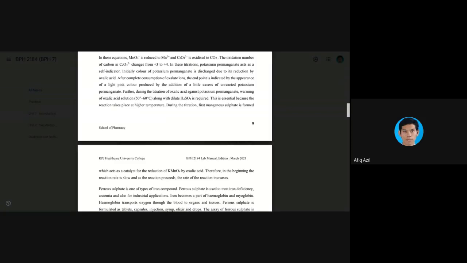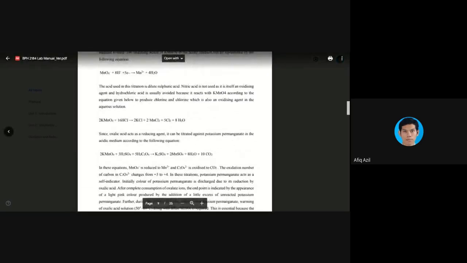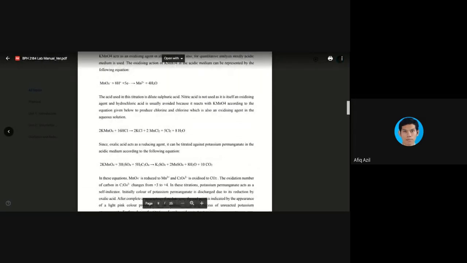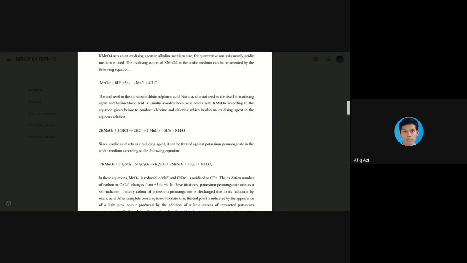Okay, and for this standardization of the potassium permanganate solution, it has to be done against oxalic acid. If you still remember in the lecture on volumetric analysis on primary standards, one example of a primary standard is oxalic acid.